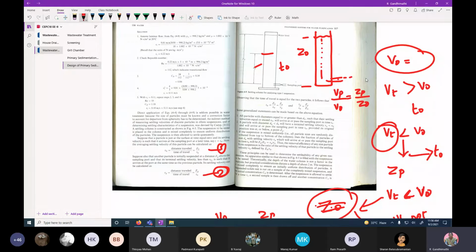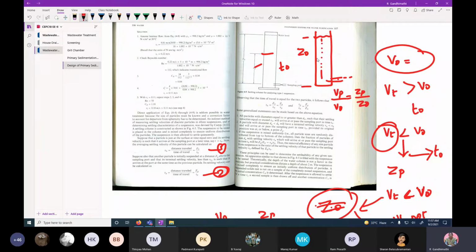Then if it is at some other height, that is with the Zp, it will also reach the sampling port at time t equal to T0, but the position should be with the Zp. If it is between Z0 to Zp, or in some other locations, the removal is in the ratio of Vp by V0 as Zp by Z0.